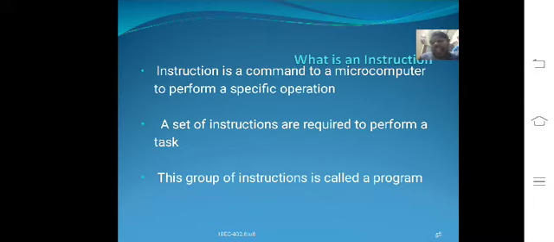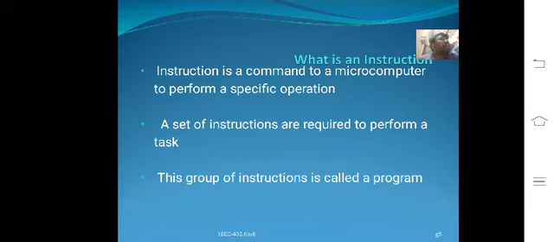Same as the example I took previously, the annual day function in the institution. In the annual day function, we are following some instructions, and based on those instructions we are completing the annual day celebration program. That is the one task. Annual day celebrations conducted in the institution is one task. For this task to be executed properly, you have to write some instructions.